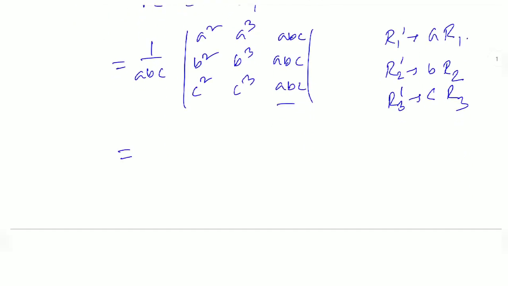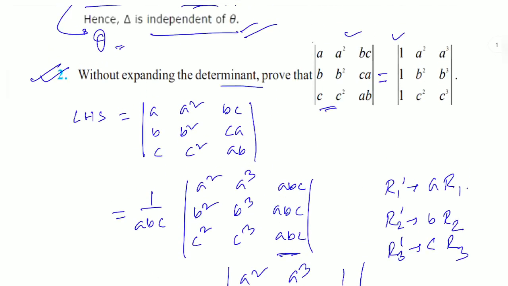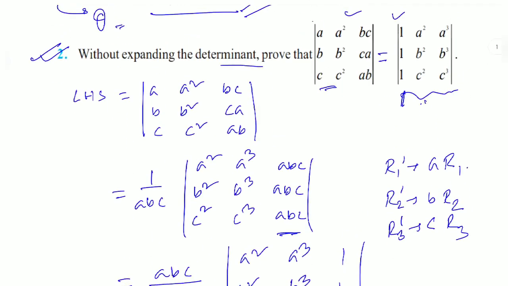Now take this abc out of column number 1. So what you get is abc by abc, and here we'll get a square, b square, c square and a cube, b cube, c cube and 1 1 1, right? That is quite similar to the desired equation. The only problem is that the 1 1 1 column is on column 1 and the square one is on this side.